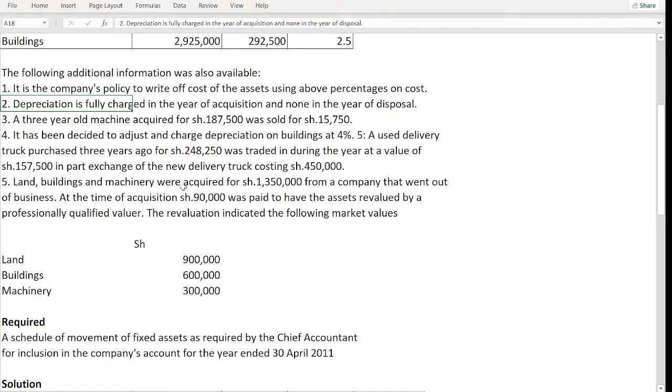Large building and machinery were acquired for 1,350,000 from a company that went out of business. At the time of acquisition, 90,000 was paid to have the assets revalued by a professionally qualified valuer. The revaluation indicates the fair market values: land 900, buildings 600, machinery 300.